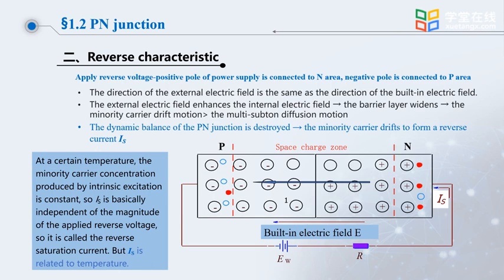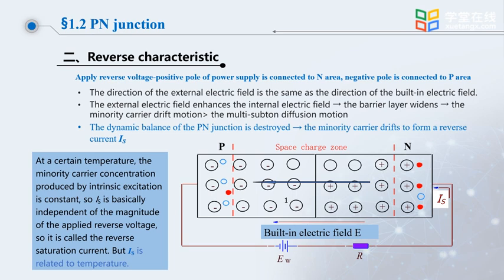In this case, the drift of the minority carrier forms a reverse current IS. But in P-type semiconductors and N-type semiconductors, the concentration of the minority carriers is very low. The current formed by the drift of the minority carrier is also very weak. We call it the reverse saturation current IS.